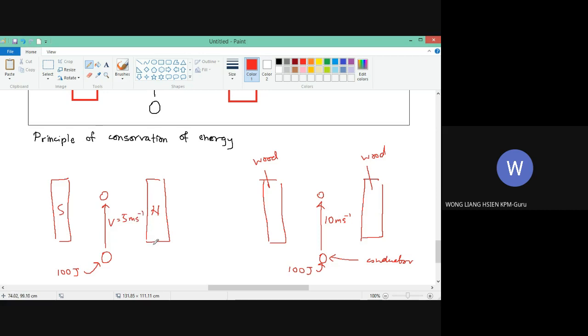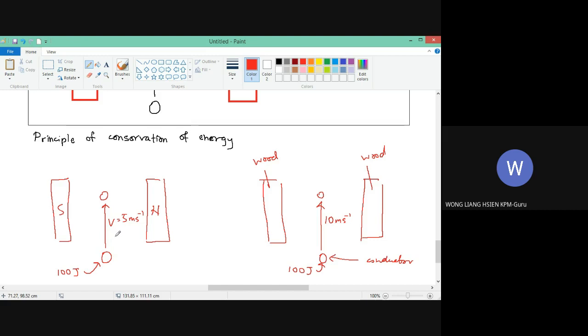So why is it that this one I push 100 joule kinetic energy, it can move 10 meters per second, but this one 100 joule I push, this only moves with 5 meters per second? The reason is because out of this 100 joule that I give, only a part of the 100 joule becomes the kinetic energy.